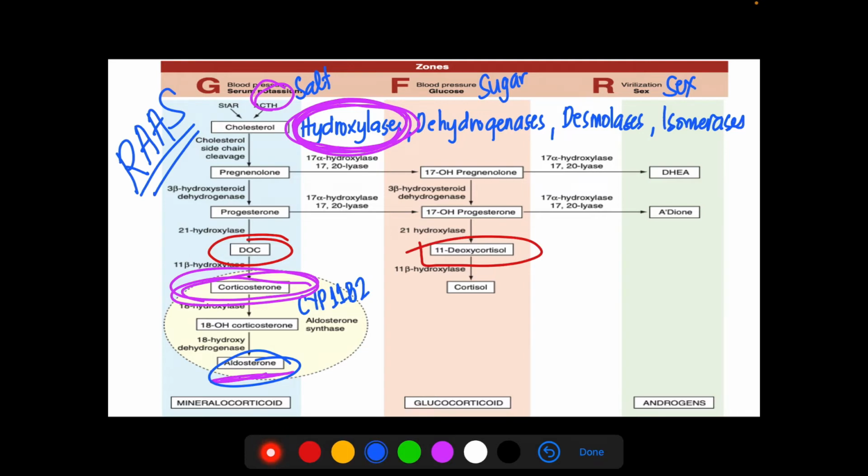The androgens are 18-carbon steroids with saturated A rings, whereas the estrogens are 17-carbon steroids with unsaturated A rings. So androgens: 18-carbon steroid and saturated A rings. Whereas estrogen: 17 carbons and unsaturated A rings.